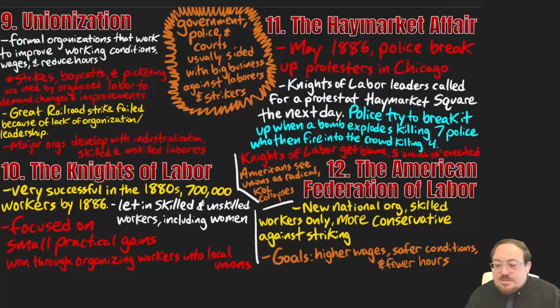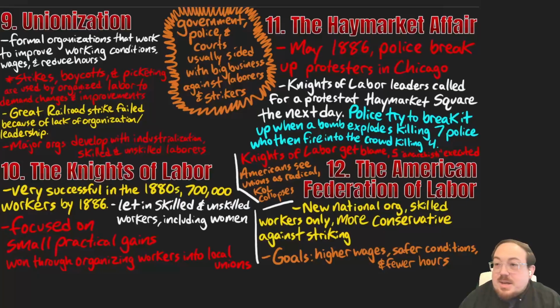So there's several different tools of unionization. The most obvious ones, the ones that typically get the most attention, are, of course, strikes. This is when people stop working in order to basically force their bosses and companies to give into their demands, to give them more money, to give them better working conditions.